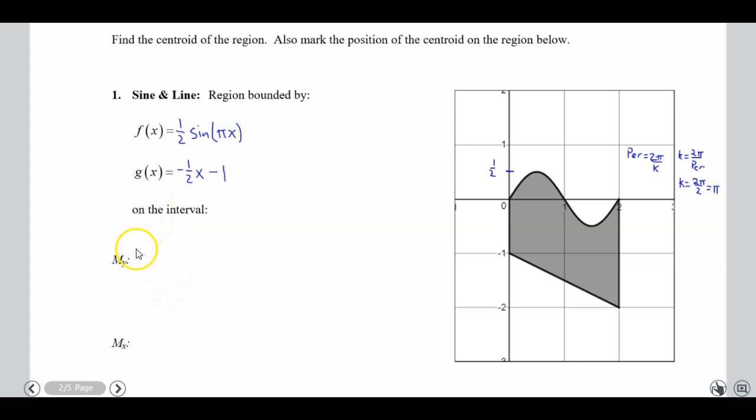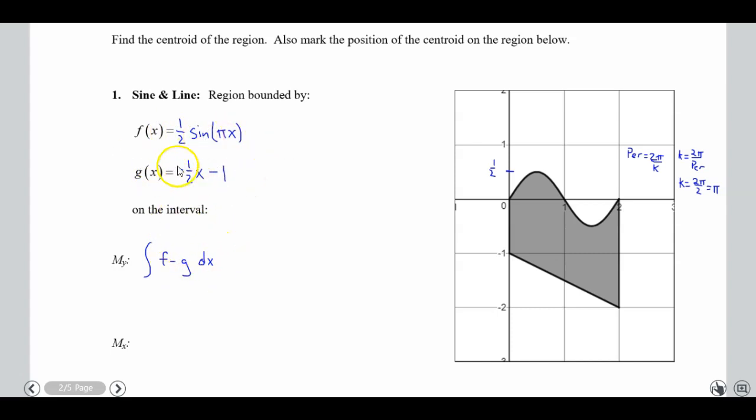So for the My, don't forget we're going to do this integral of, and rather than rewriting all this in there, I'm just going to put f minus g, and we'll go ahead and calculate that using Desmos. I'm not going to go through the calculations of these integrals by hand.